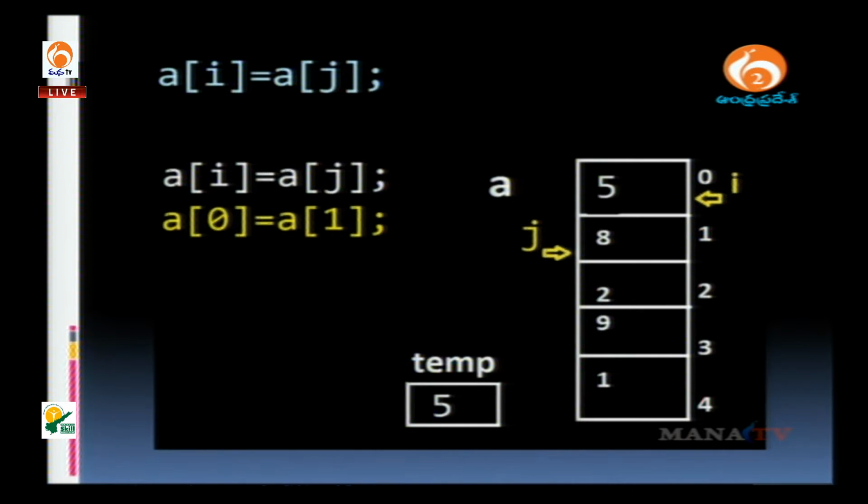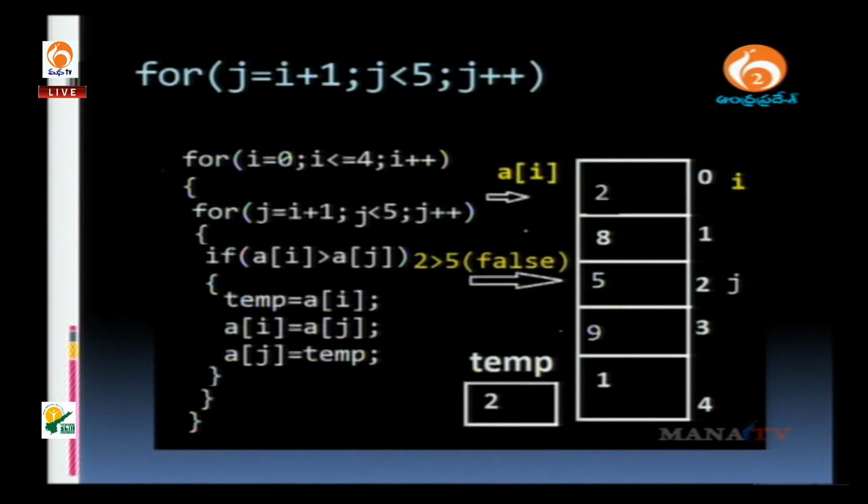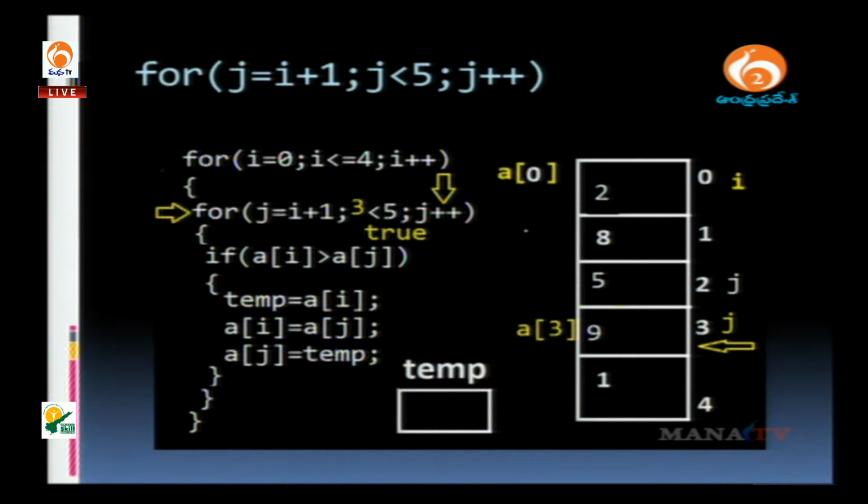Next, we will go to the next iteration, that is j plus plus. j is incremented by 1, so right now it is 2, then 3, and 3 less than 5 is true. Whenever the condition becomes true, the control enters the body of the inner for loop.